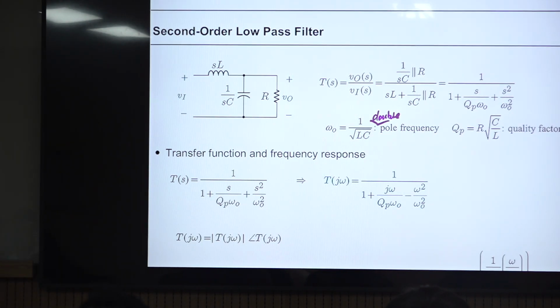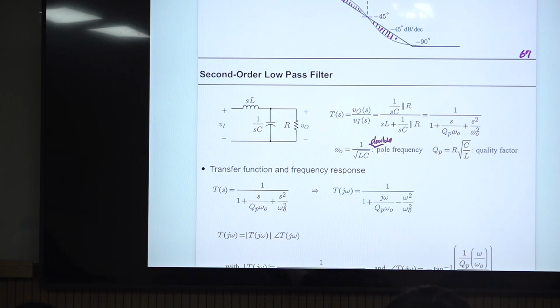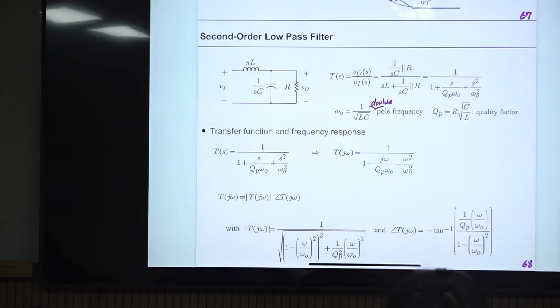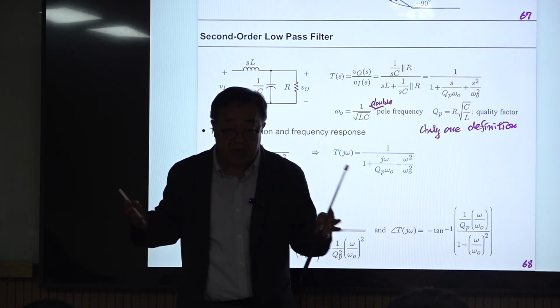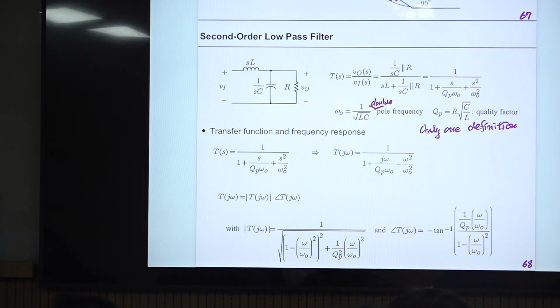The only definition is, it appears in the electric circuit or mechanical system and whatever systems. Okay? The only one definition is this one. Q is proportional, or the same as proportional, is the more appropriate, to the stored energy.